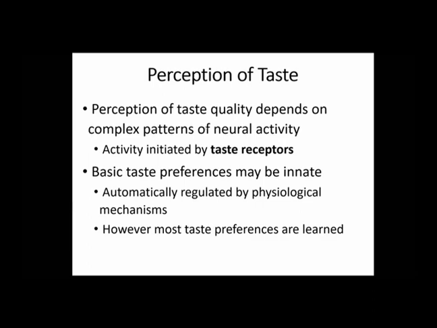This is coming mostly from a complex pattern of interactions. Having however many sour taste buds active versus however many sweet versus however many salty, those ratios will create different patterns of neural activity that's all initiated by our taste receptors.